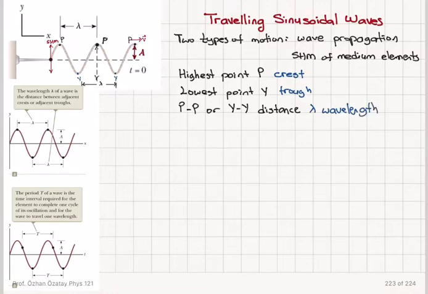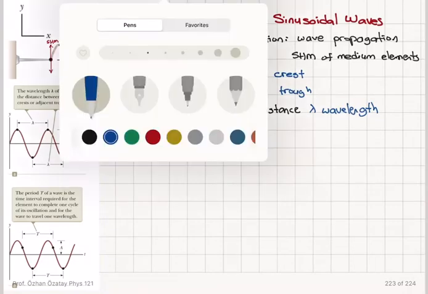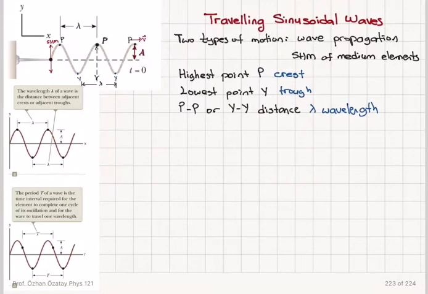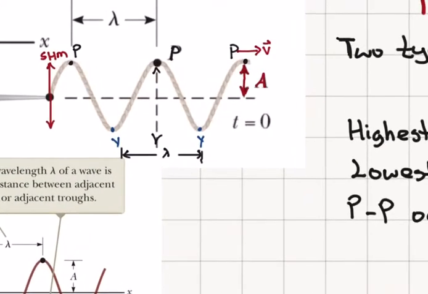On the other hand, if I sit at this point P and watch how long it takes for the next crest to arrive, I have an observer here, and this observer is measuring the time. At time T0 the first crest has arrived, and then after a while at time T1 the second crest has arrived.